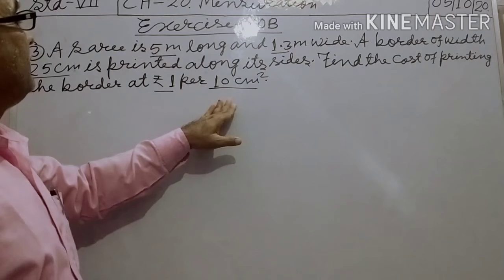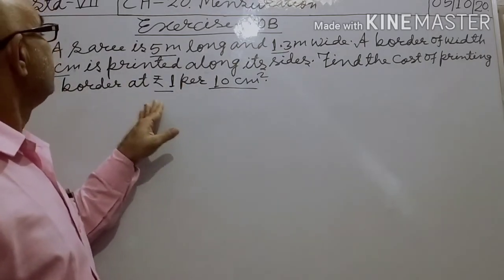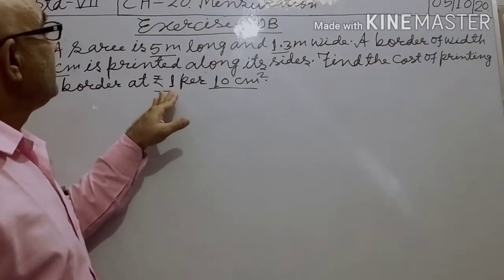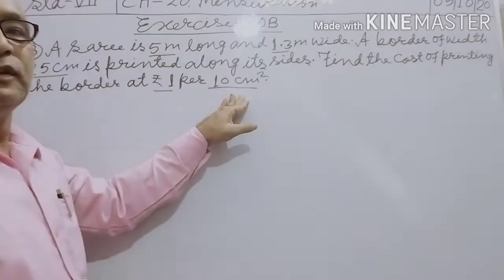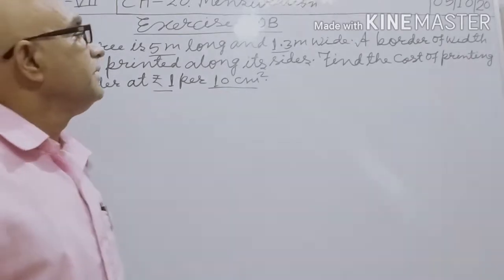Students, here the rate of printing the border is given per 10 cm square. So find the area of border in centimeter.